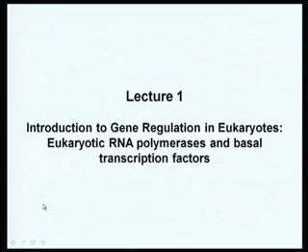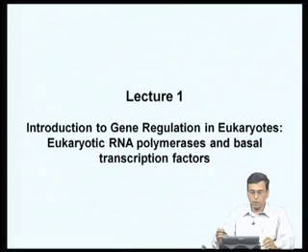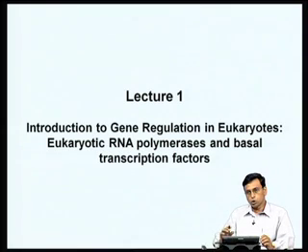So, in the first lecture in this series, I am going to give a very brief introduction to gene regulation in eukaryotes. We are basically going to talk about the workhorses for gene expression, namely the RNA polymerases. These are the enzymes which are involved in the synthesis of RNA from DNA, and we are also going to understand how this RNA polymerase is able to transcribe a gene and how certain accessory proteins called basal transcription factors help the RNA polymerase to transcribe a gene.